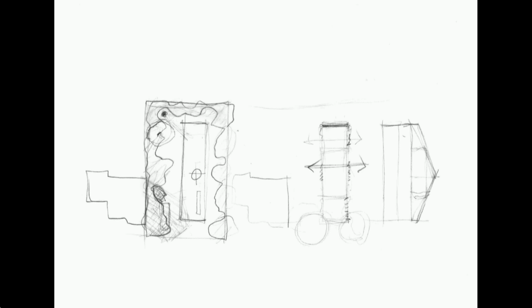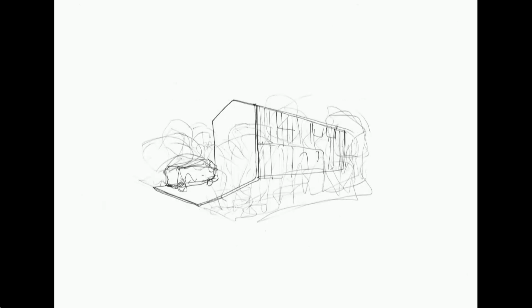That's the whole depth of the plot, and the idea was to rather create a pavilion-like structure that could be seen as a secondary structure, because loads of houses have become too small, and people would just build annexes and secondary structures. So the idea was to camouflage the new volume and make it look as if it were a pavilion or a folly just standing there in the garden.